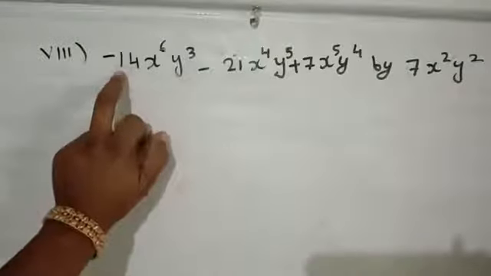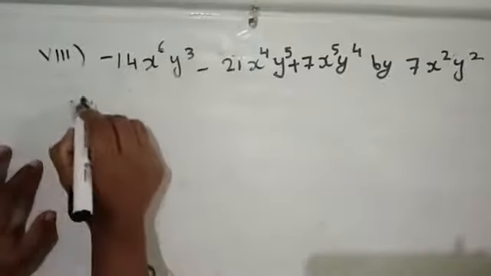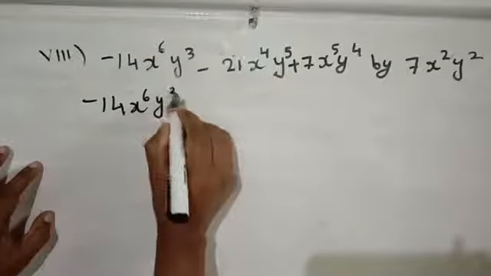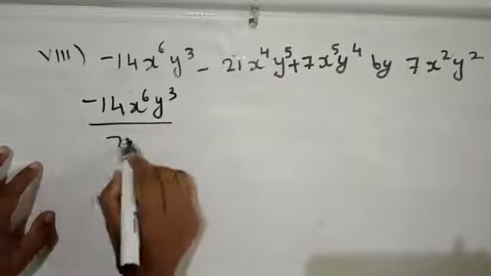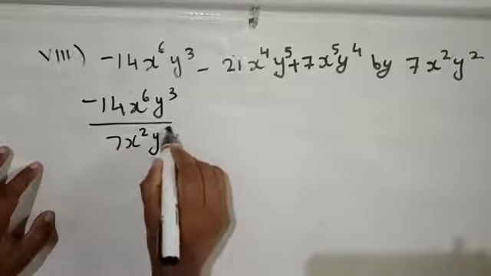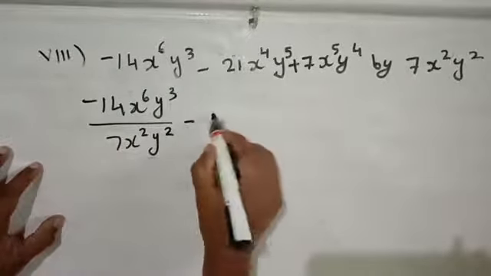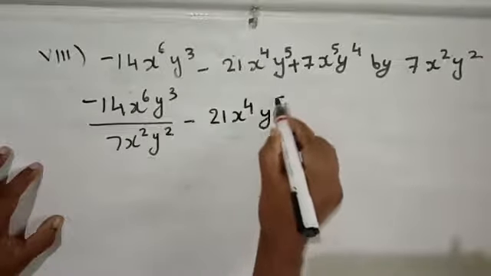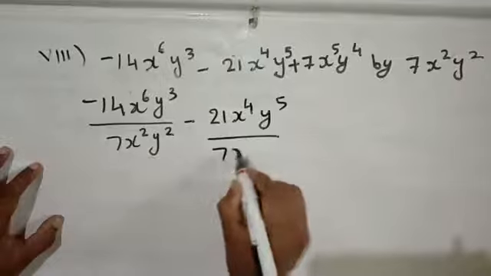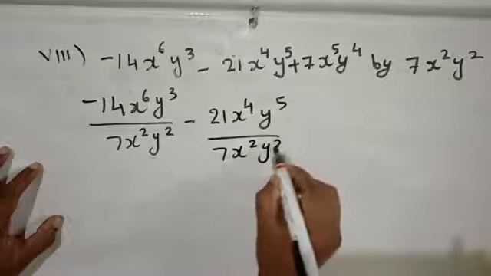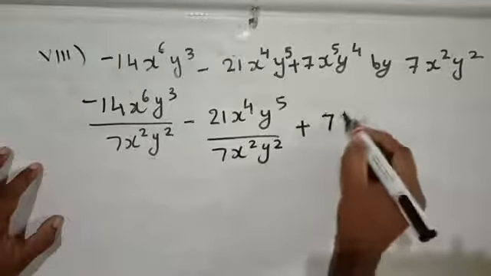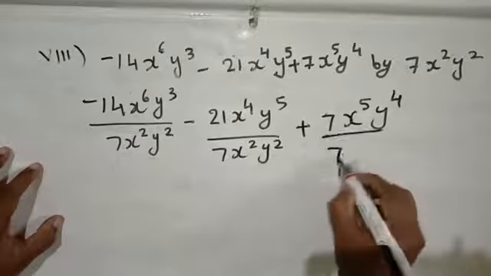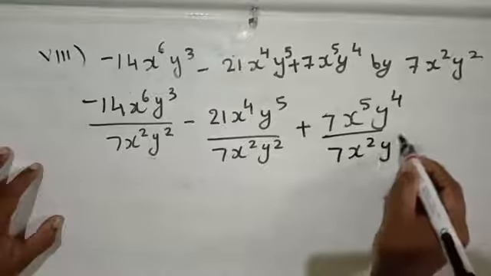That is minus 14 x raised to 6 y cube divided by 7x square y square, minus 21 x raised to 4 y raised to 5 divided by 7x square y square, plus 7x raised to 5 y raised to 4 divided by 7x square y square.